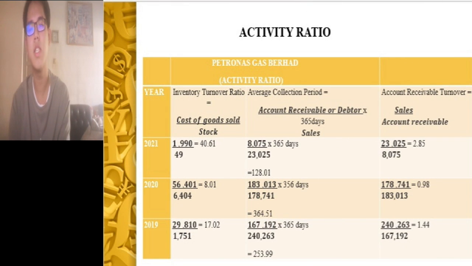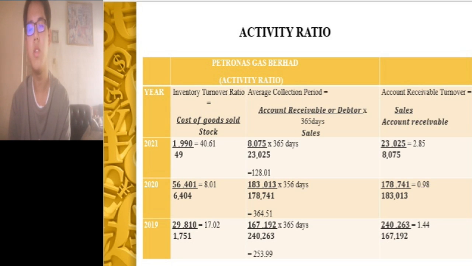For the activity ratio of Petronas Gas Berhad, the inventory turnover ratio, average collection period, and account receivable turnover in 2019 are 17.02, 253.99, and 1.44.